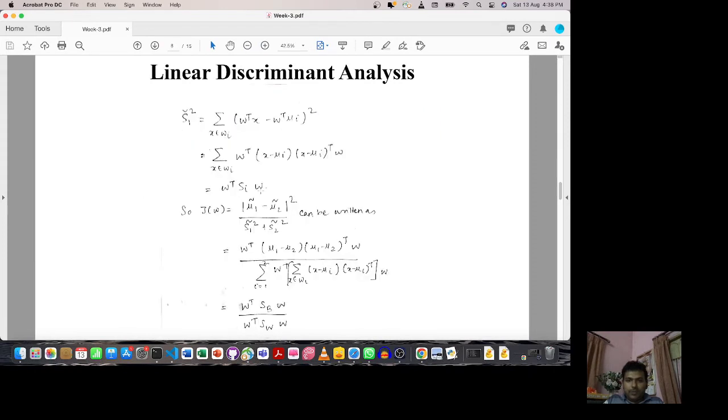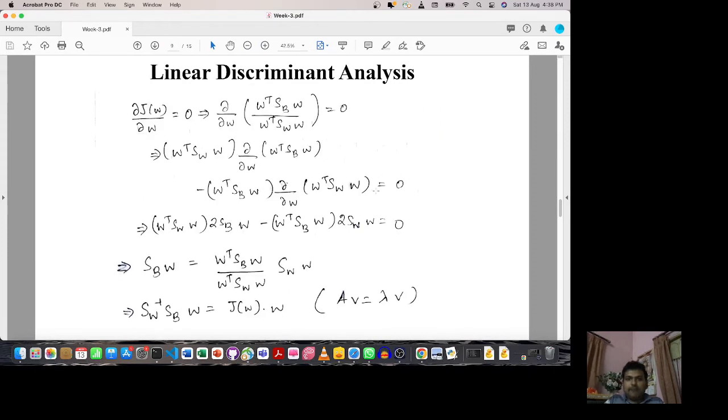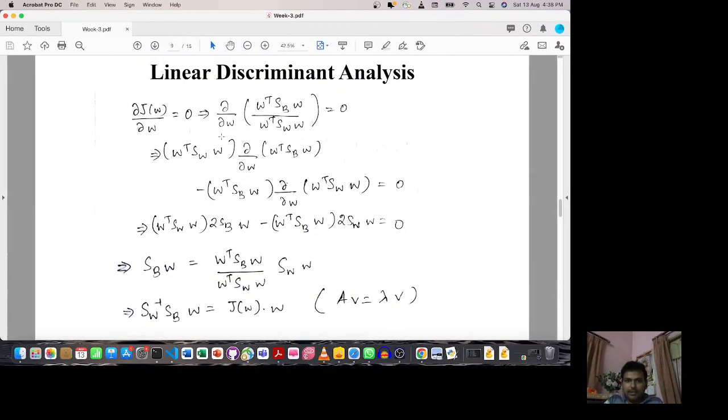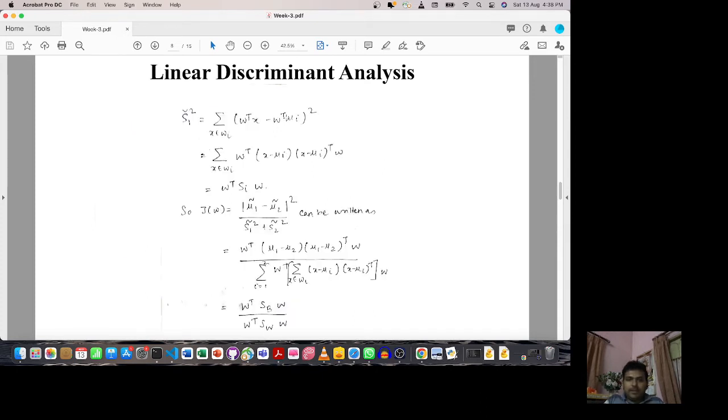Okay, so now here I have W as m cross 1, correct? You can see my cursor, right? Yeah, sir. W is m cross 1. What is the dimension of SB? SB is defined as mu1 minus mu2 times mu1 minus mu2 transpose. What is the dimension of mu1?